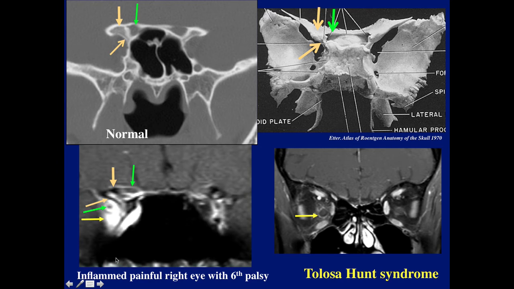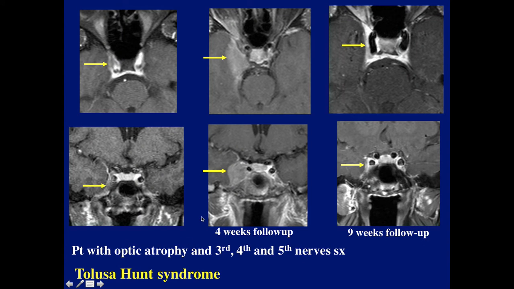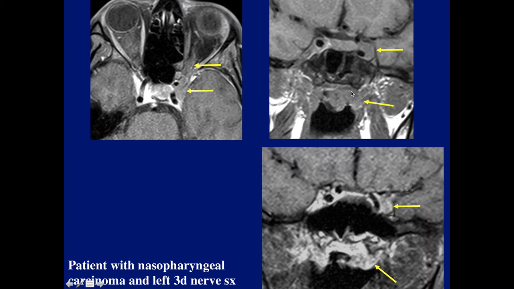So Tolosa-Hunt. This was the case I showed last week of Tolosa-Hunt, showing the marked expansion here at 4 weeks, and after 9 weeks of treatment, the tumor mass markedly reduced in size. This was an unfortunate young patient.